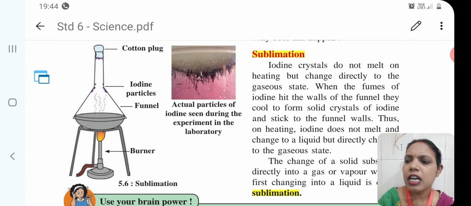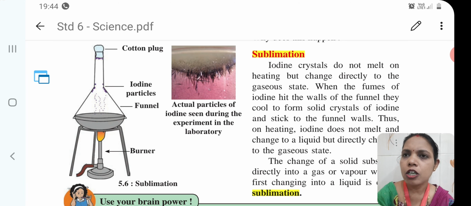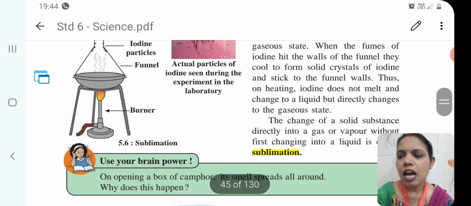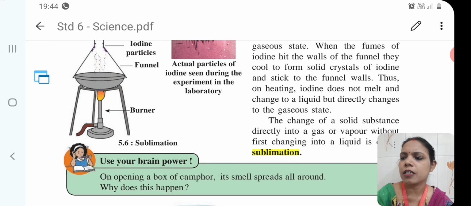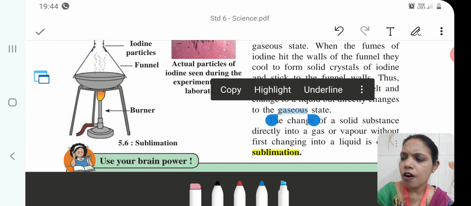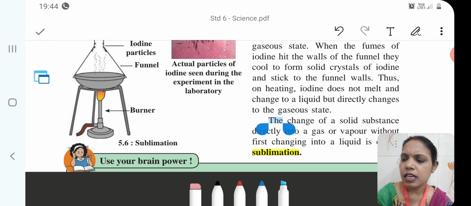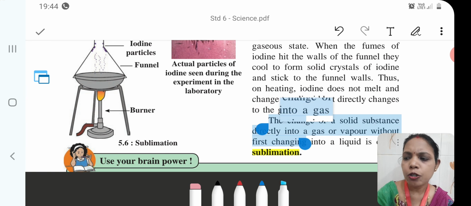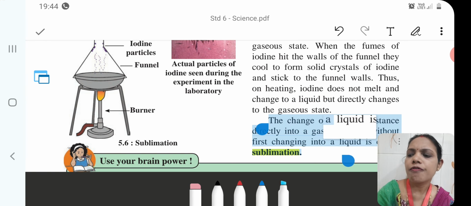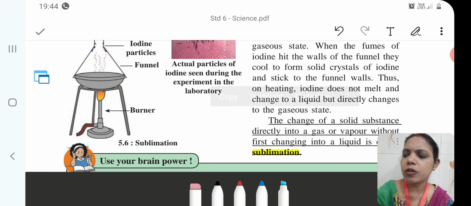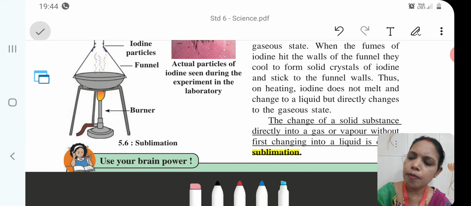So children, I hope you understood properly the definition of sublimation which I had given. Once again, I am repeating: the change of a solid substance directly into a gas or vapor without first changing into a liquid is called sublimation.